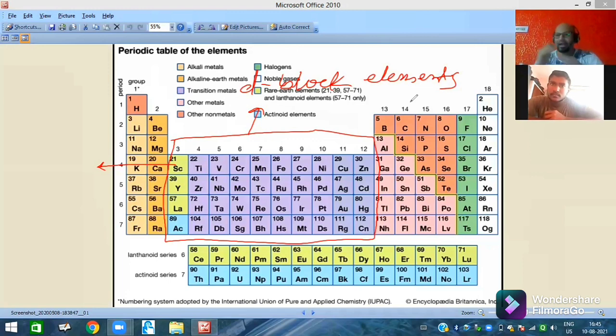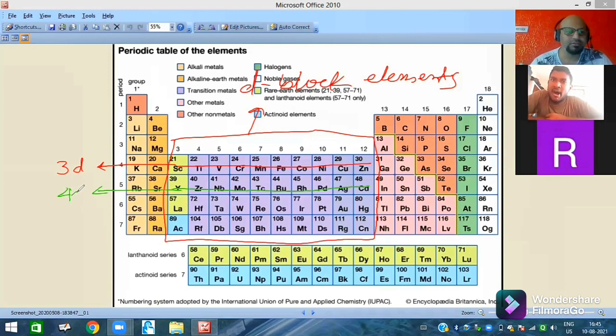Okay. So I am saying within that D block element, there are some subcategories. The first, scandium, titanium, vanadium, chromium, all these elements are called 3D series. Similarly, these elements are called 4D series.